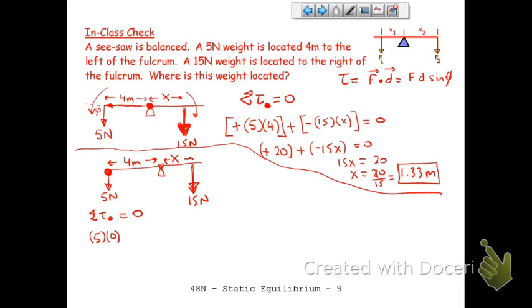Well, that's, whoa, hold on. And then we'd say plus, we'd go 15 times, what's this distance? What distance should I put down? Is it 15x? What is it?